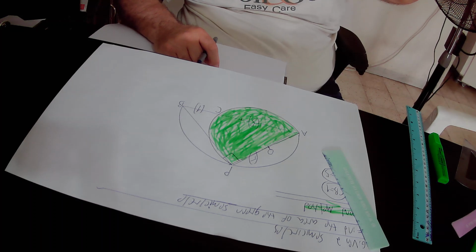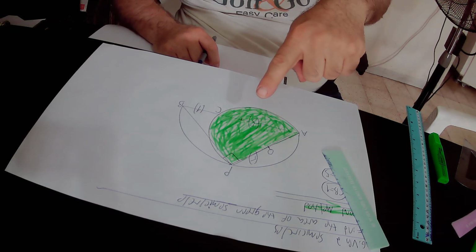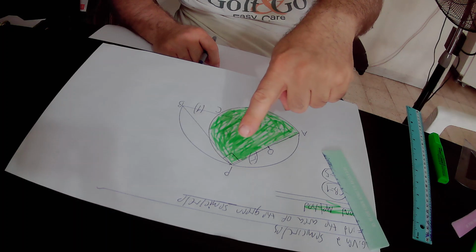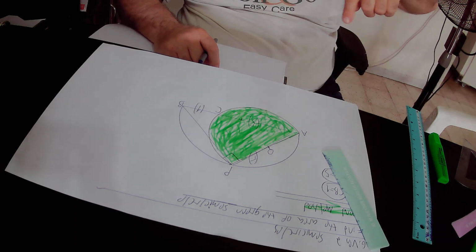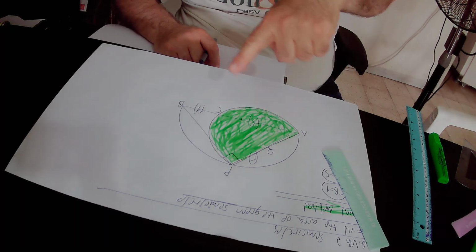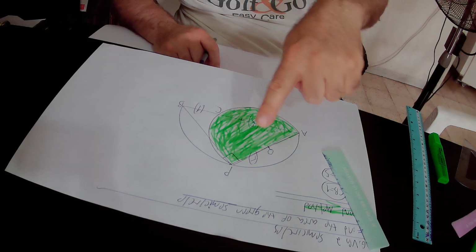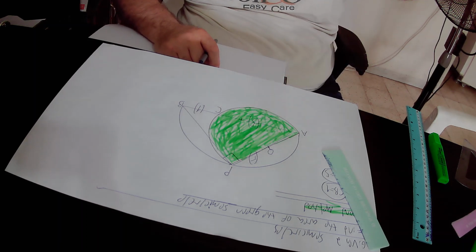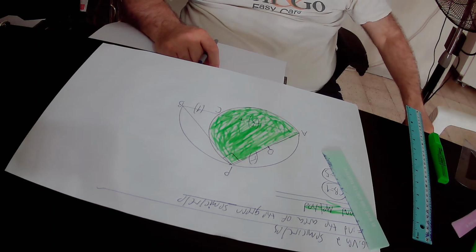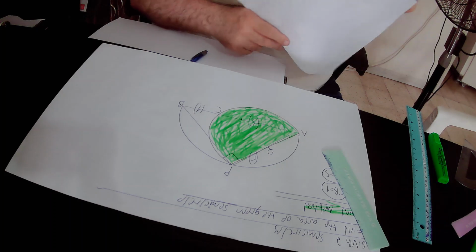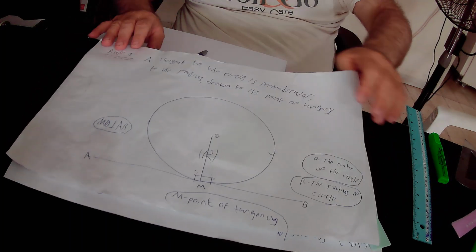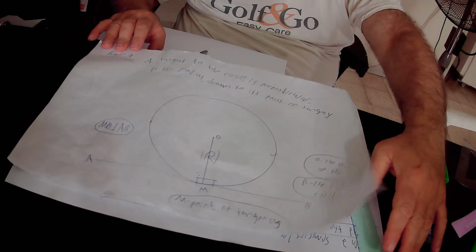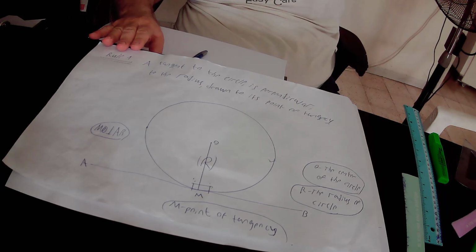Why? Because if line segment BP is perpendicular to the diameter PA, it must also be perpendicular to the radius PO. So line segment BP is perpendicular to the radius PO of this green semicircle, and therefore we can implement here rule 1. I repeat quickly rule 1. According to rule 1, a tangent to the circle is perpendicular to the radius drawn to its point of tangency.